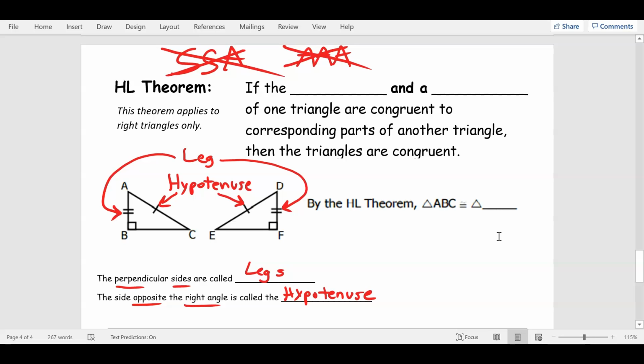Those are our two blanks up here. So if the hypotenuse and a leg of one triangle are congruent, okay? So in this case, ABC is matching up with DFE.